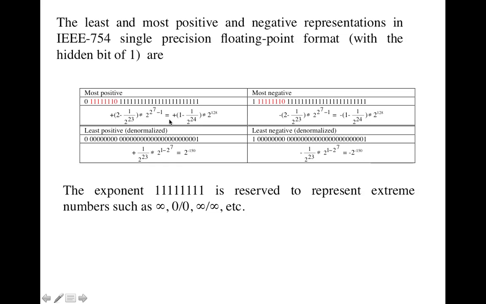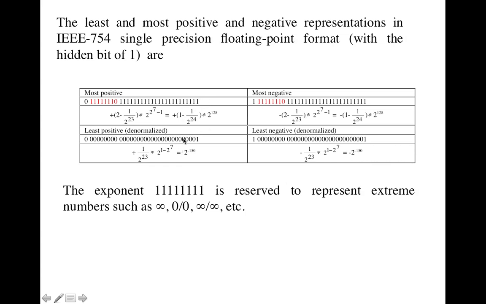Now this is a little table that shows us how these numbers are represented. The most positive and most negative numbers are represented. Exponents have to be the same because these are the most positive and most negative numbers, and the only thing that really changes is the sign here. Everything else is the same. The mantissas are identical.